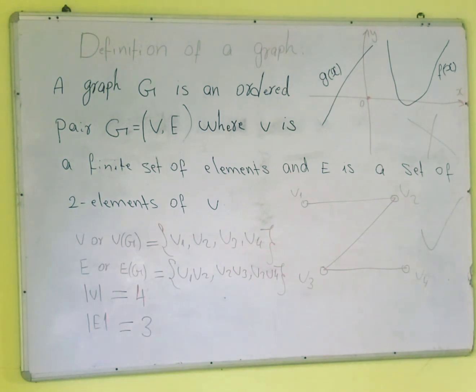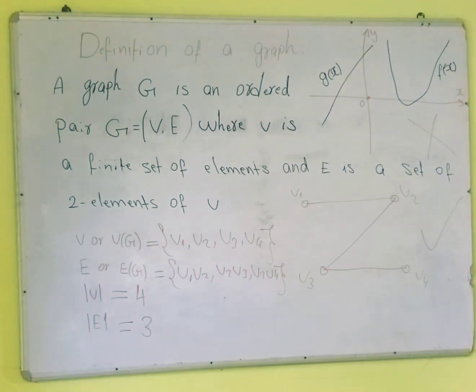Also, the set of edges we denote by E or E(G). It means here we can write V1V2, V2V3, V3V4 as the set of edges of this graph.